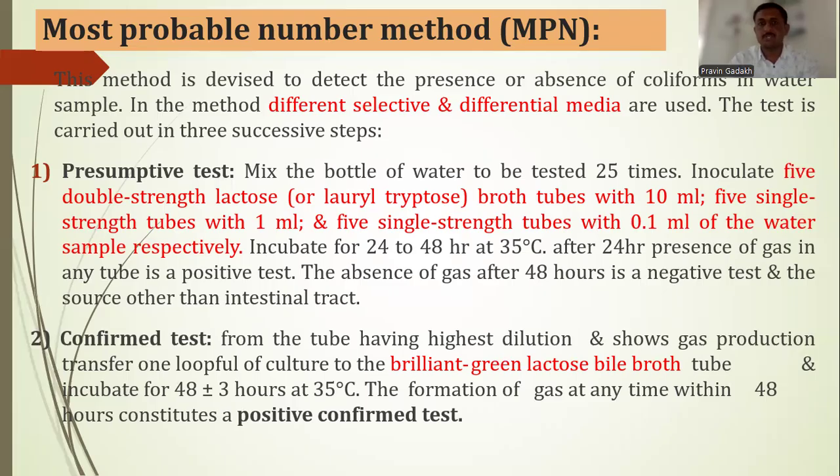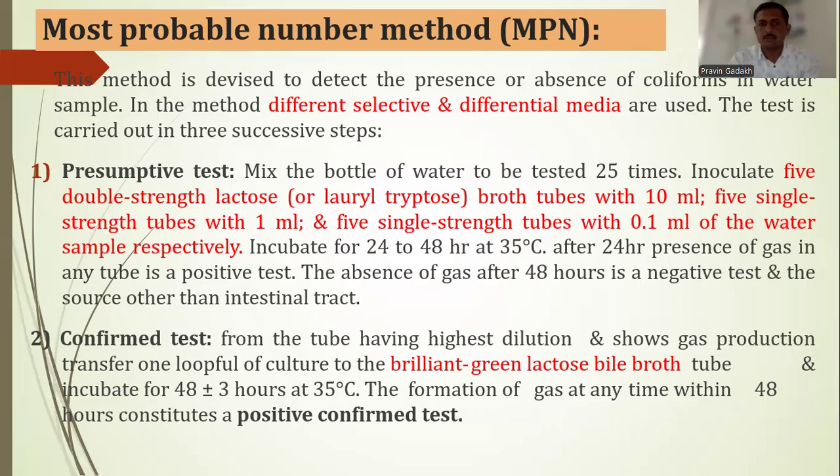What is meant by presumptive test? In this test, the water sample which we have collected, we have to mix properly. The bottle of the water to be tested must be properly mixed.